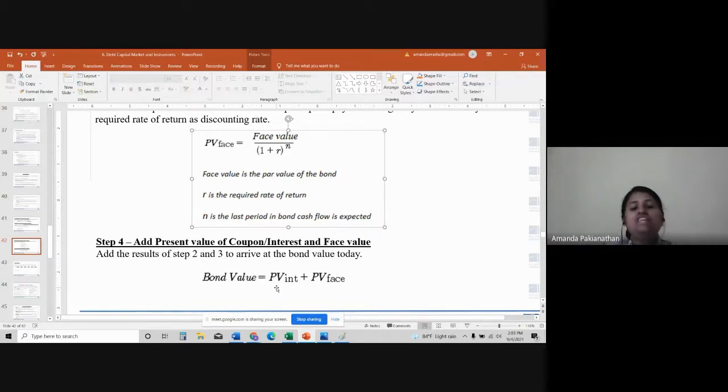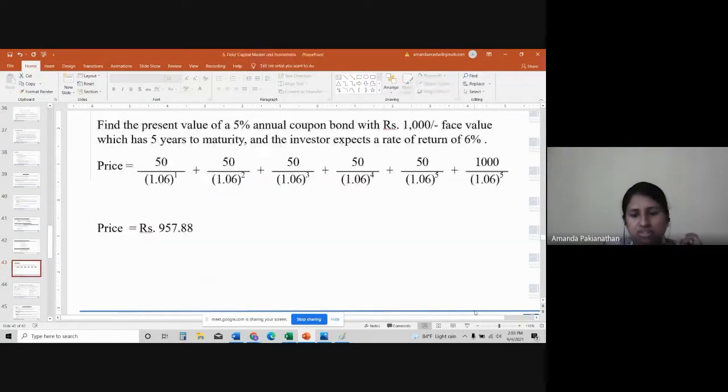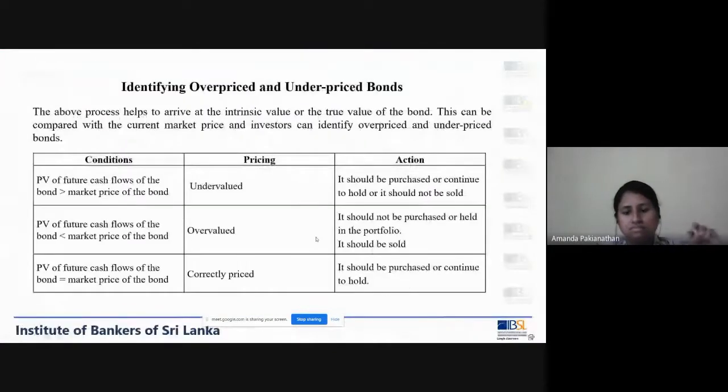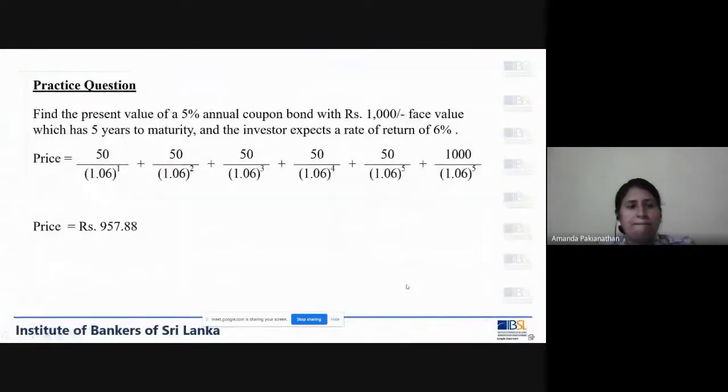When you add these two, you will get the bond's intrinsic or the bond's true value. Okay, let's go through a question. Let's see whether you all also can attempt on your own.